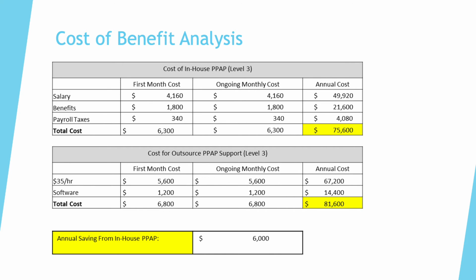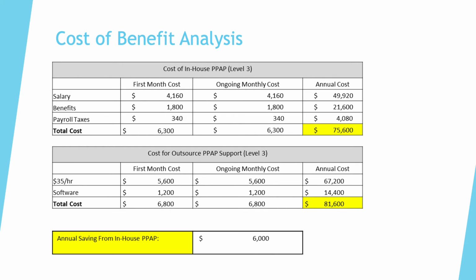The cost to outsource PPAP support was $35 an hour, which equals your first month's cost of $5,600, with an ongoing monthly cost of $5,600 as well. Annual cost of $67,200.